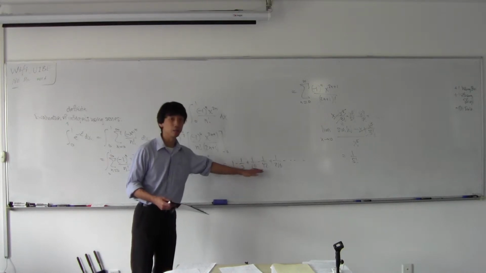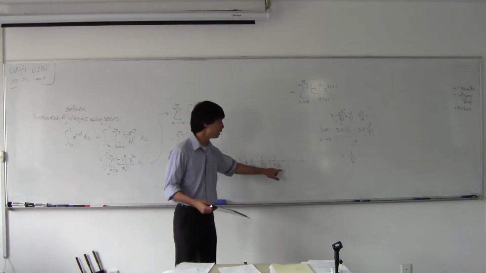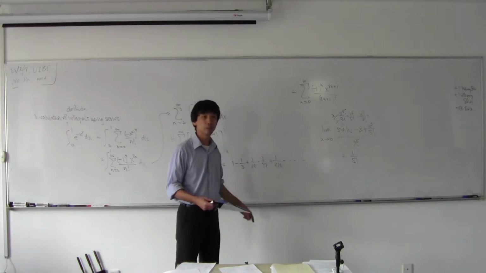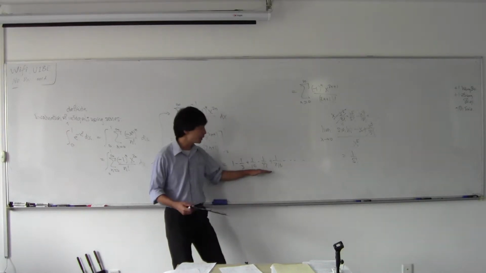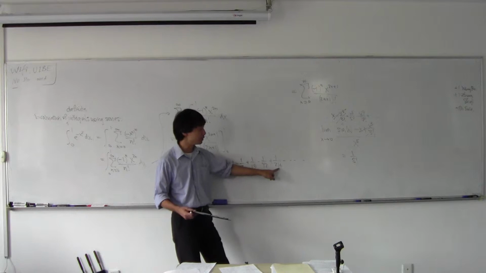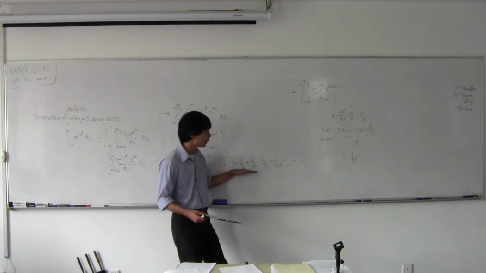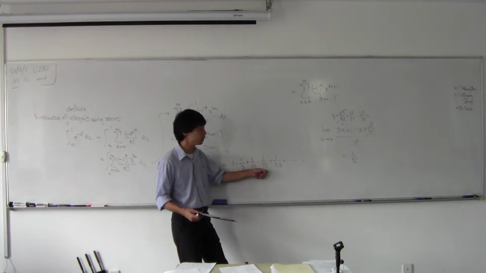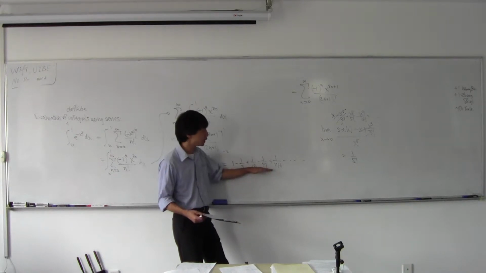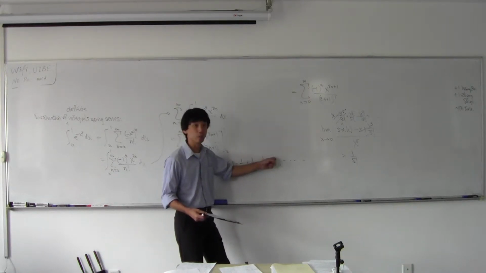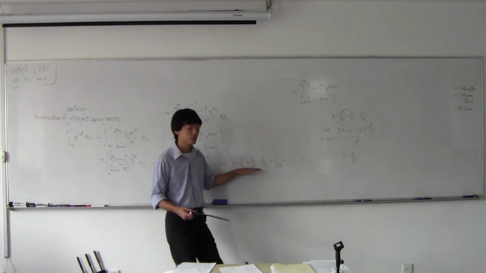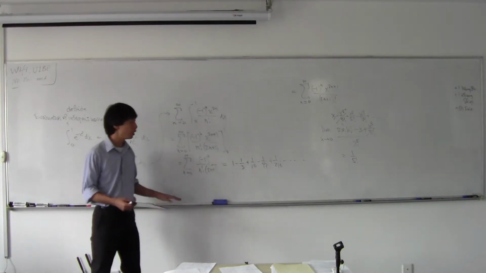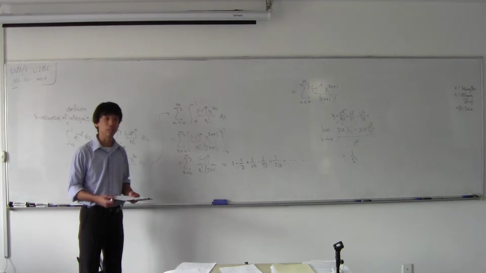We can get approximations, and we know the errors. Remember, if we sum up to here, the error is this. If we sum up to here, the error is at most 1/42. If we sum up to here, the error is at most 1/216. So alternating series are very, very convenient.